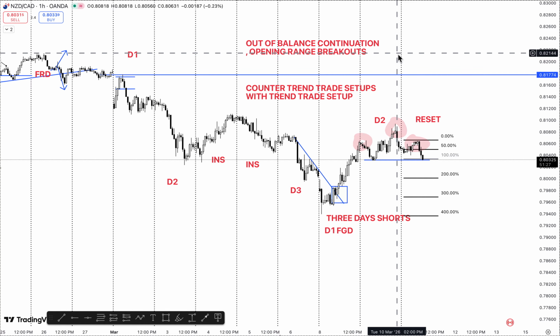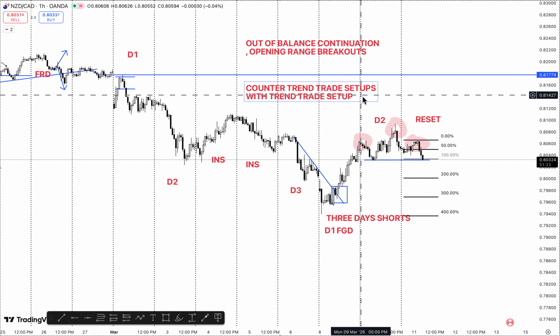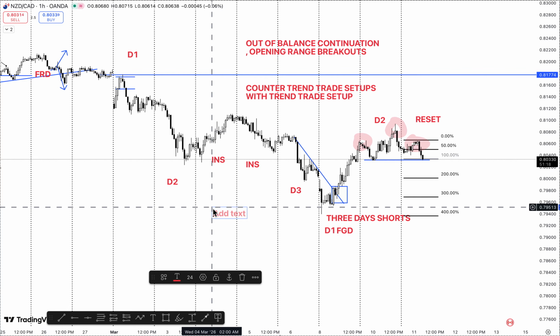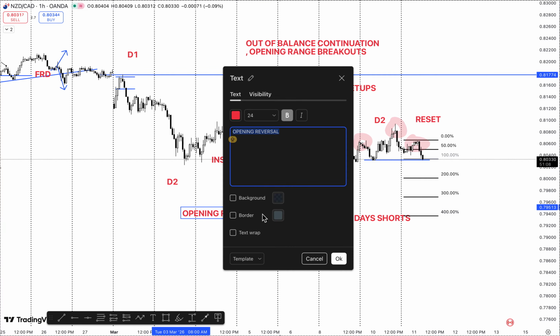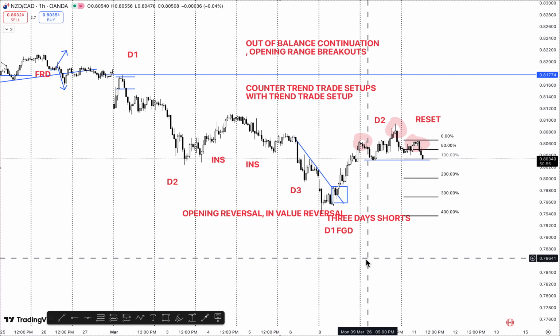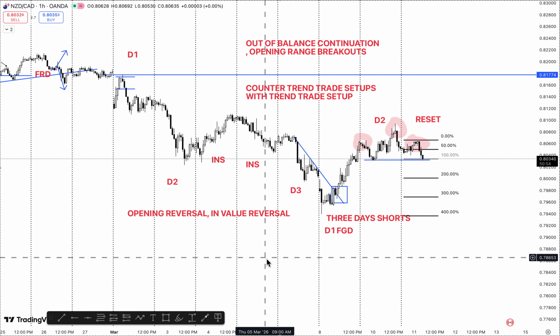Okay, now we can also have a counter trend setup, which can also be called opening range reversal, or in value reversal. Market goes back in value or stays out of value.